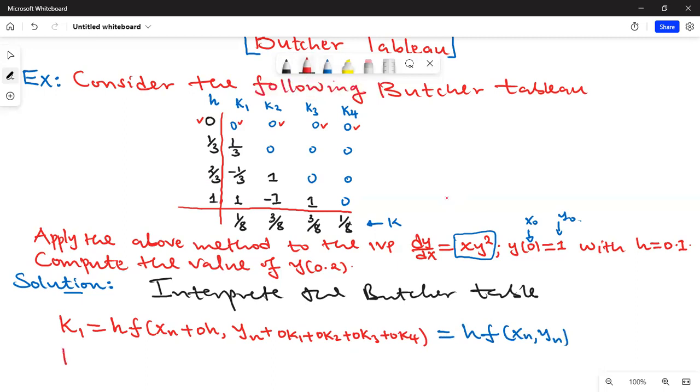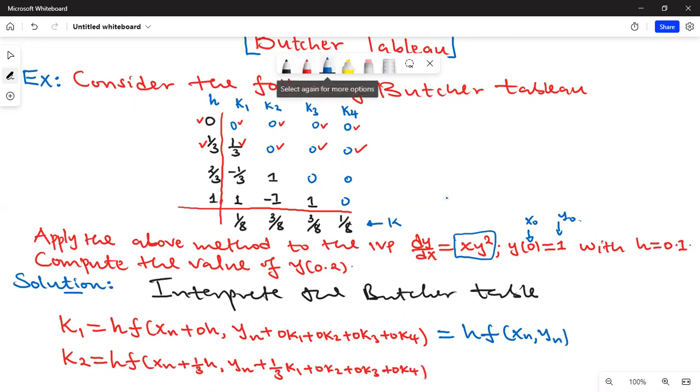Similarly, k2 is equal to h f of xn. What are we adding? It is 1/3 times h, so plus 1/3 h, comma, yn, and we are adding 1/3 k1 plus 0 k2 plus 0 k3 plus 0 k4.